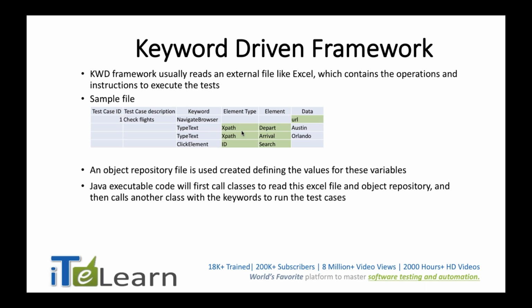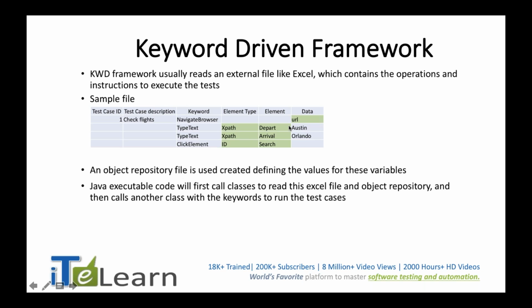So XPath is how we are identifying the element, and the next thing is what the element is, like depart. I'm sure you know how to write XPaths, so that value will be written in this object repository file.